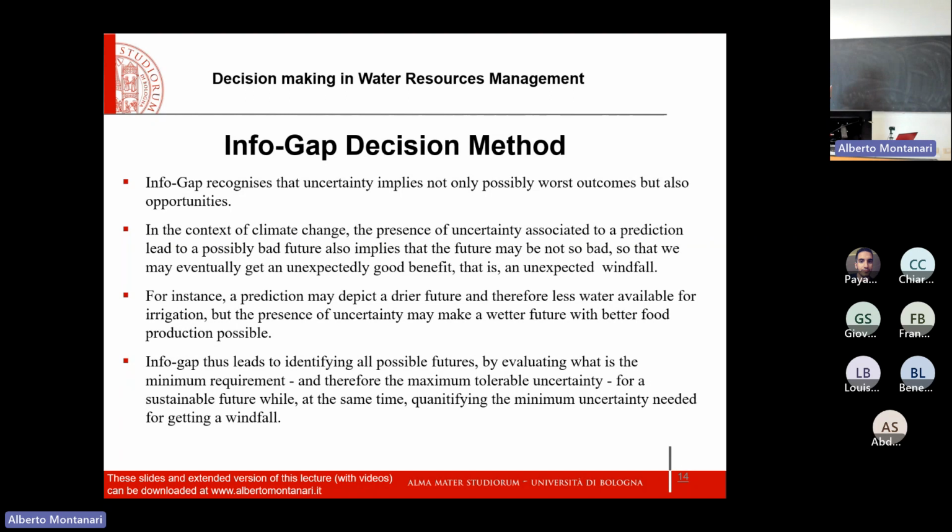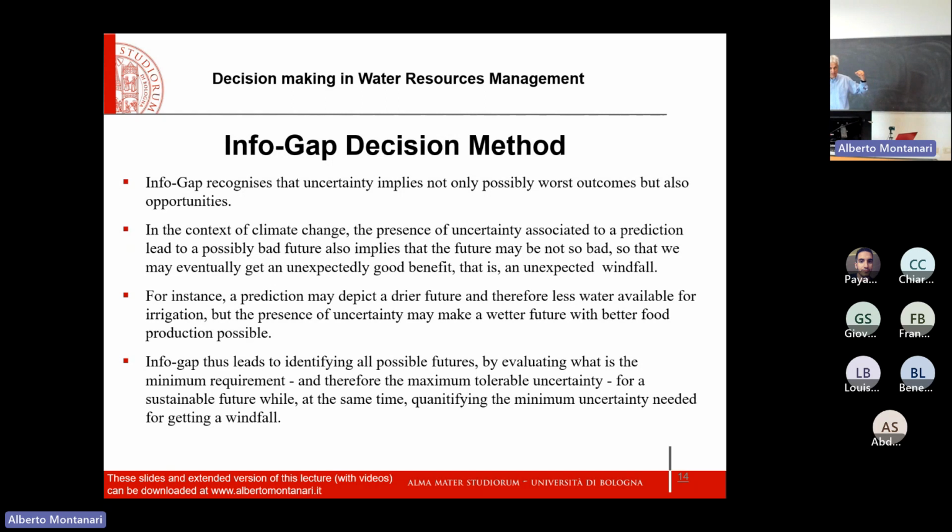So, for instance, in terms of water for irrigation, I make a prediction, and then I estimate the maximum uncertainty associated with that prediction that makes irrigation sustainable. It's the other way around. It's a smart idea.